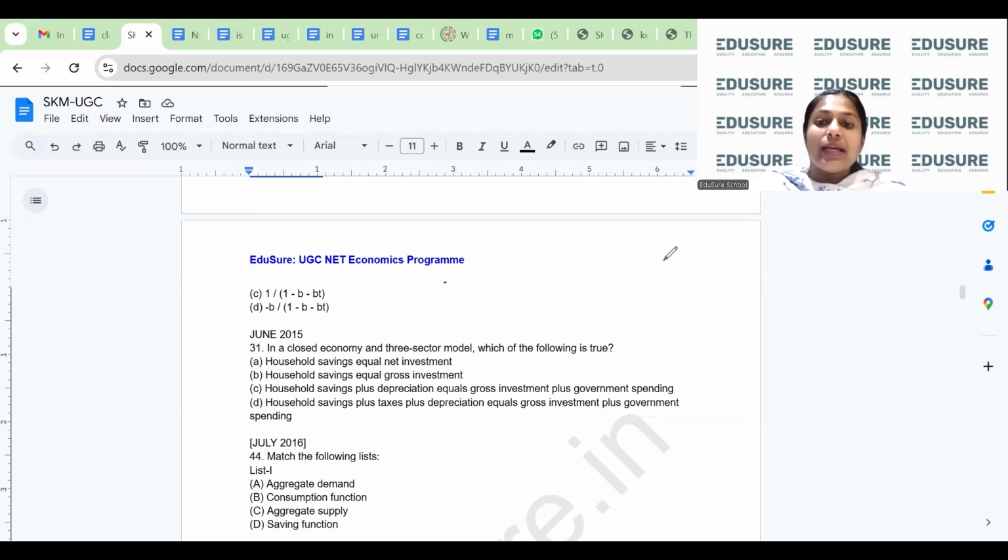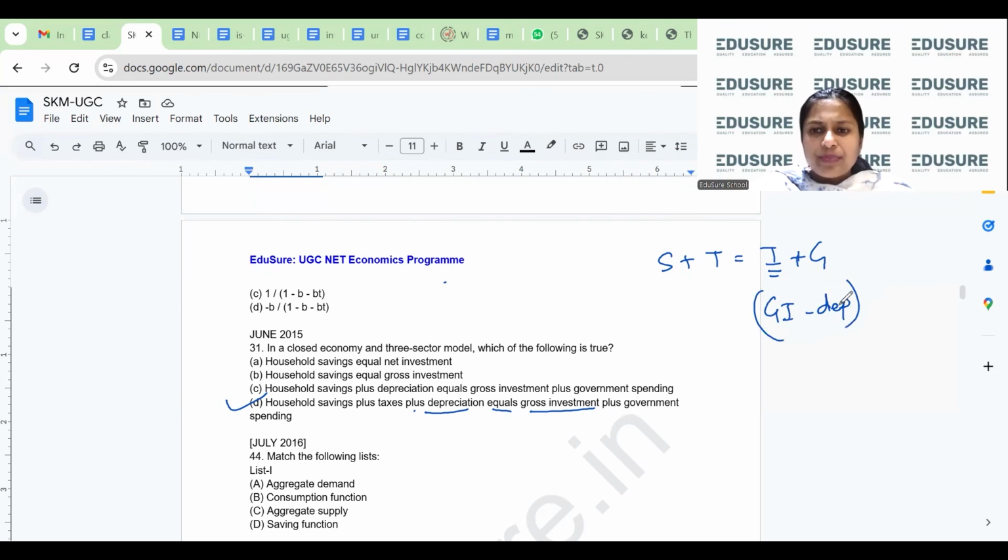So the three-sector model has S plus T is equal to I plus G. That's the basic model here. So all these terms are only in option D, household savings plus taxes plus depreciation equals gross investment plus government spending. So net investment can also be written as gross investment minus depreciation.